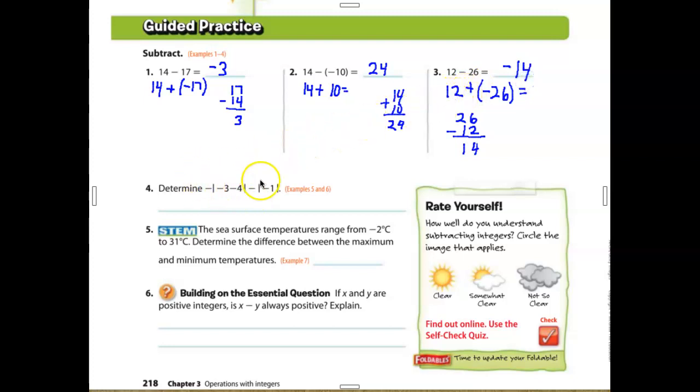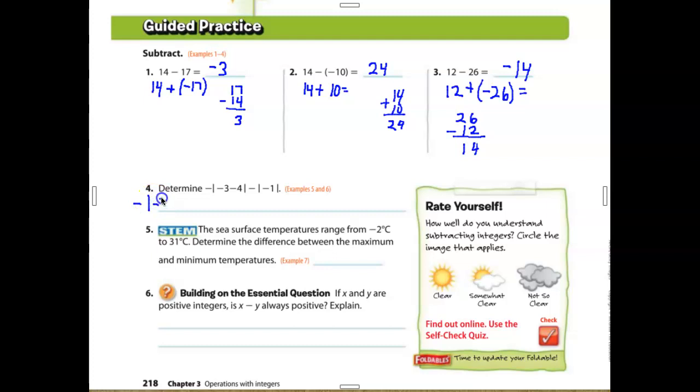This becomes a little trickier because these lines are absolute value symbols. So there's a negative outside, but we want to figure out what the absolute value is of negative 3 minus 4. Okay, the first thing we're going to have to do, I'm going to go ahead and rewrite this, is we have to make this subtraction problem into an addition problem.